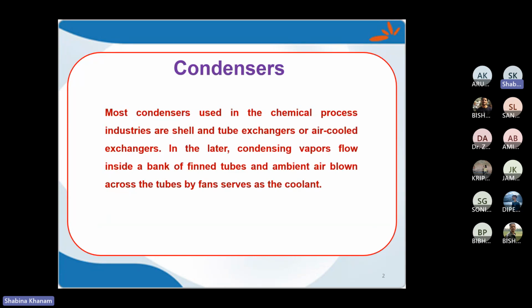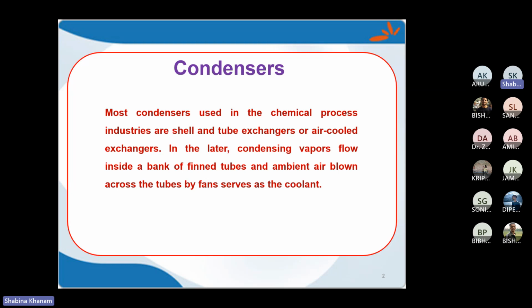They condense the vapor or steam by providing a coolant. Most condensers used in chemical process industries are shell and tube heat exchangers or air cooled heat exchangers. Air cooled heat exchangers we have also discussed while discussing classification.